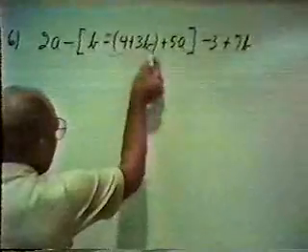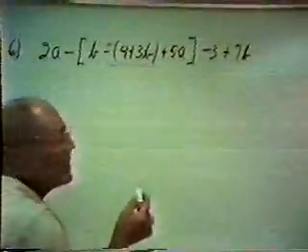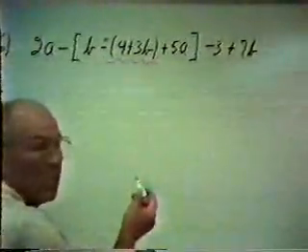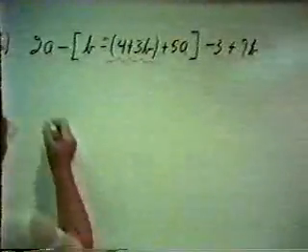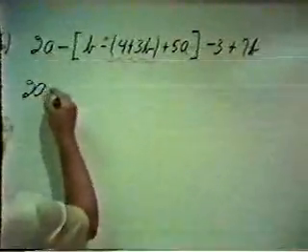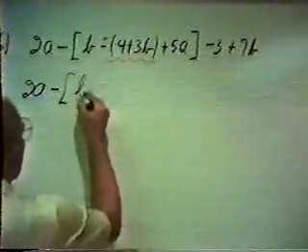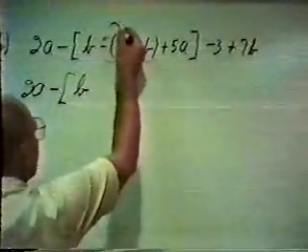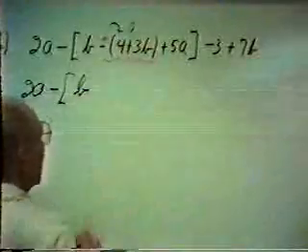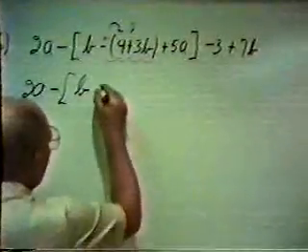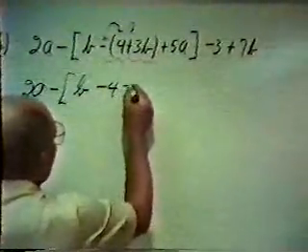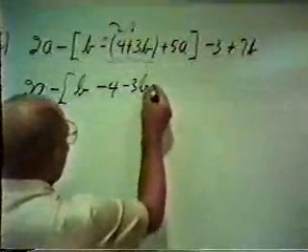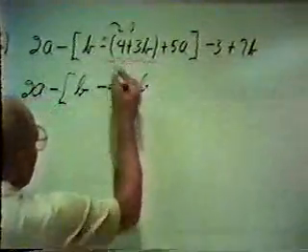There's nothing that I can do in here in combining like terms. I have 4, I have 3B. So my next step then would be 2A minus B. Now, take care of your signs. You remember you must change each of the signs within. So I have minus 4, minus 3B. That takes care of that symbol of grouping.